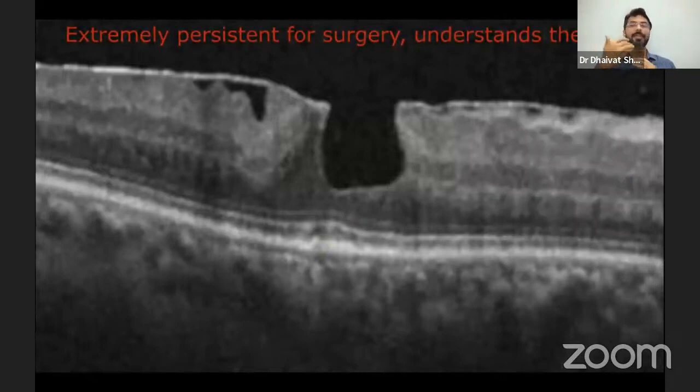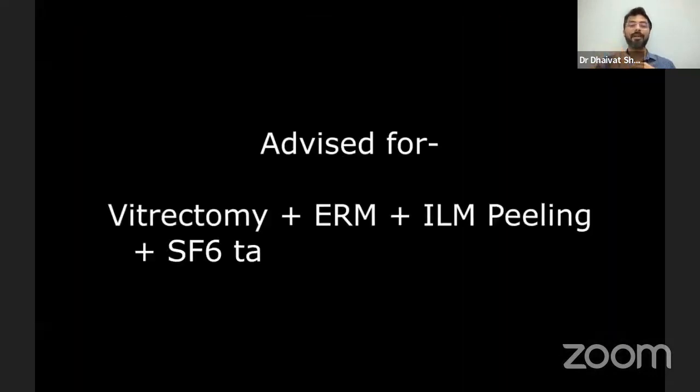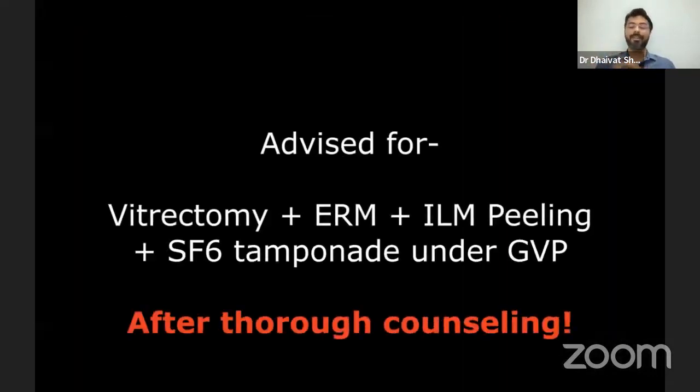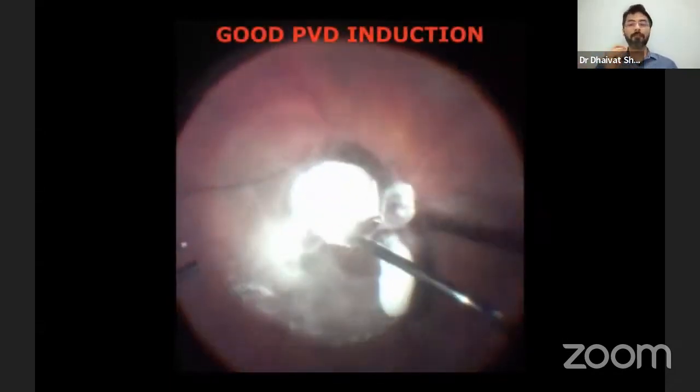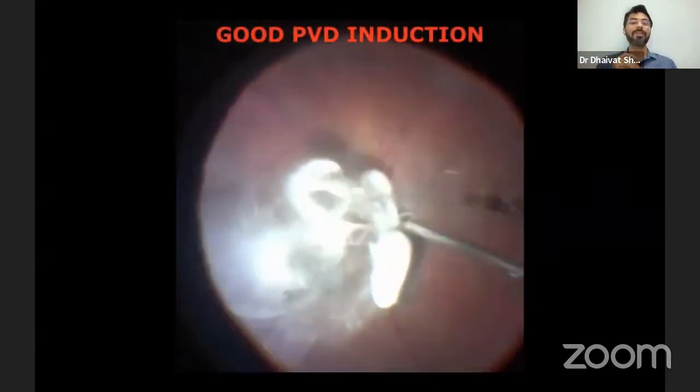So since he was extremely persistent, I advised him a vitrectomy with a peel, with a tamponade, of course. So I went ahead with the surgery, and I did not want to do extreme maneuvers in these cases. So I used a little triamcinolone and I started inducing the PVD, which I feel is the most important thing in these cases. Inducing a good PVD is extremely important.